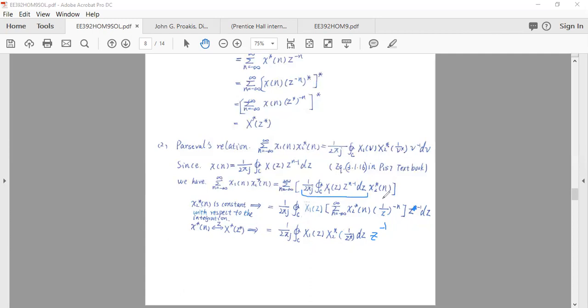Next, we perform the summation of the conjugate of x2 of n into 1 upon z to the power of minus n, right? From that we get this particular part here, and remember this z to the power of minus 1 has been taken outside. Okay, so that's how we get this particular part over here.